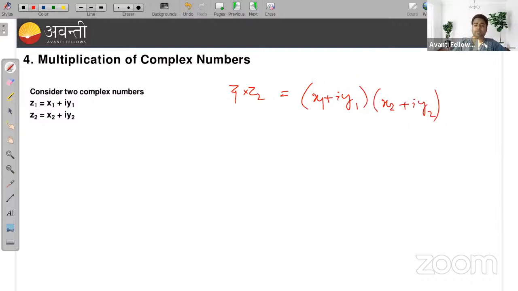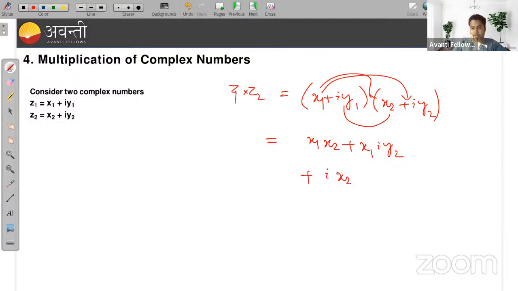So what do we have to do? Nothing special. That is x1 into x2, then x1 into iy2, plus similarly, if you multiply these two, i x2 y1, then these two, i square becomes -1, so y1 into y2 with a minus sign, minus y1 into y2.